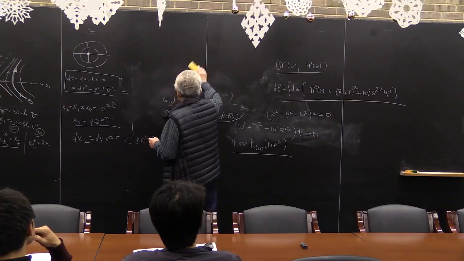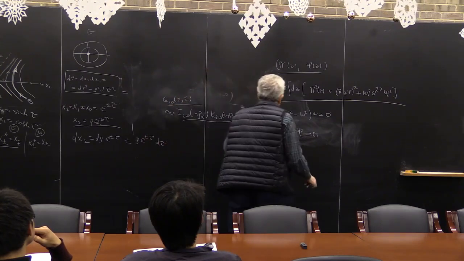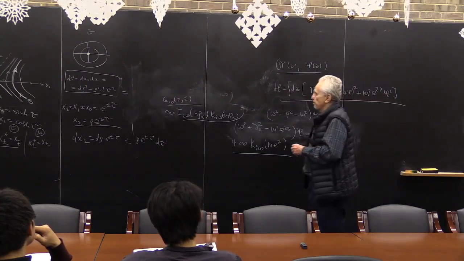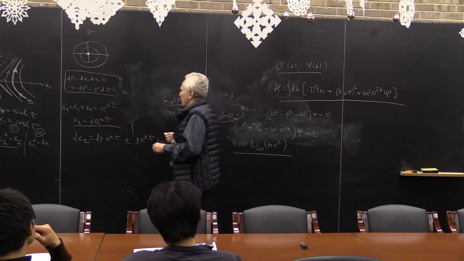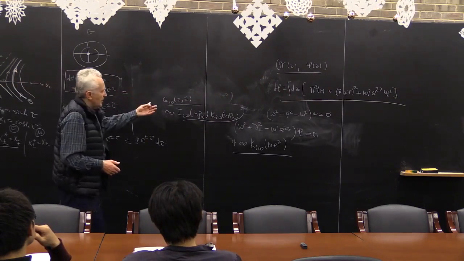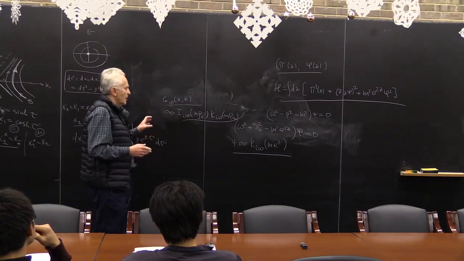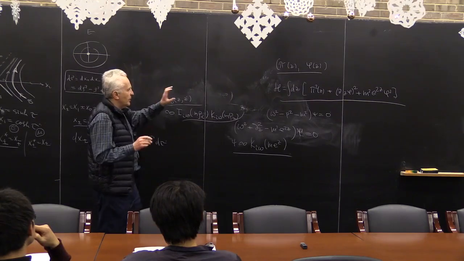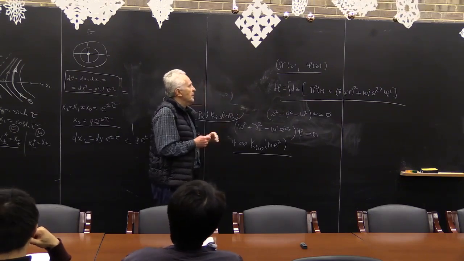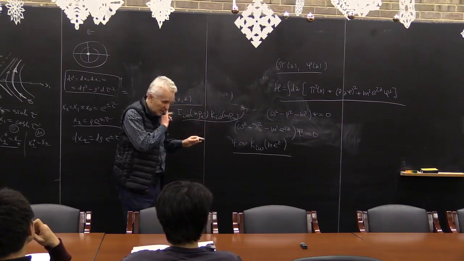So how to see that this is the case? Once again, what I want to demonstrate. Let's summarize the situation. We have a system with a positive, well-defined Hamiltonian.